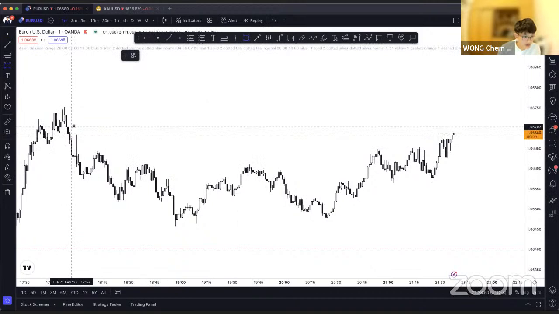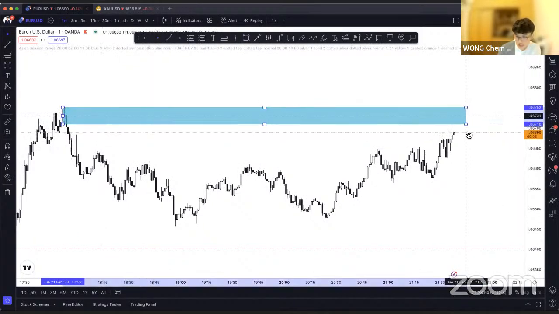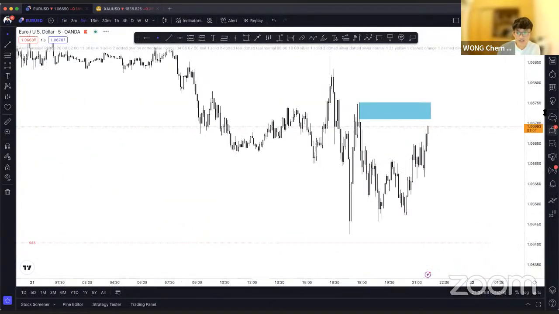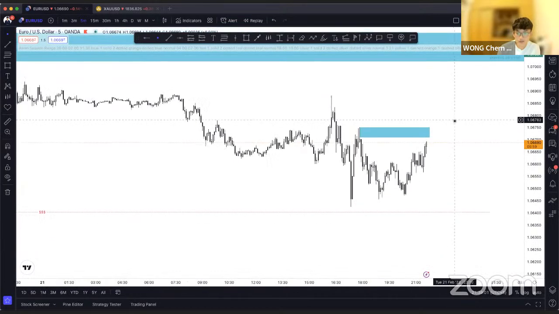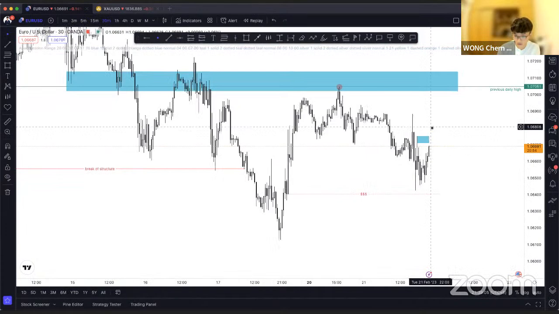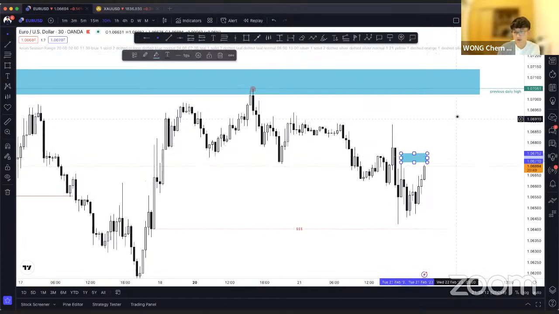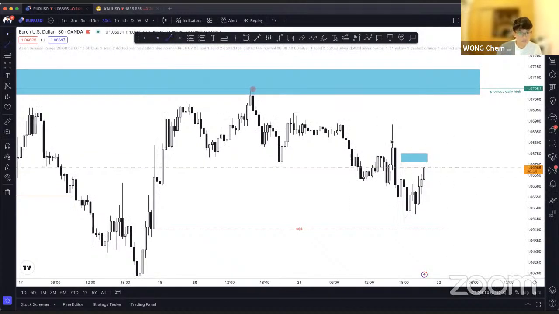As I've mentioned, I already marked out this area of supply zone that price can potentially tap into. But I would really want to see some kind of confirmation coming in onto the market before I actually take a position. Also, I am going to mark out another area to take note of on the 30 minutes time frame, and that is this specific area here.